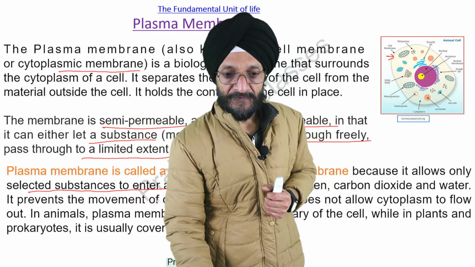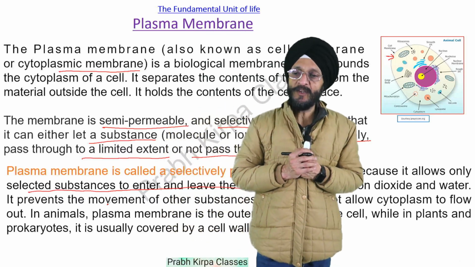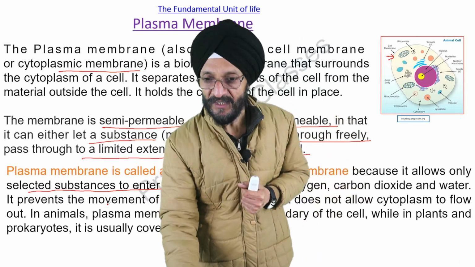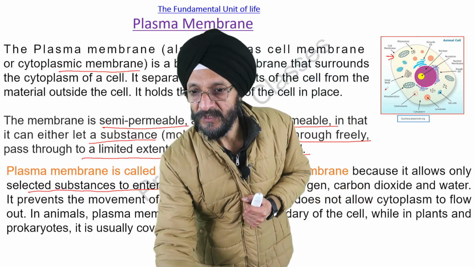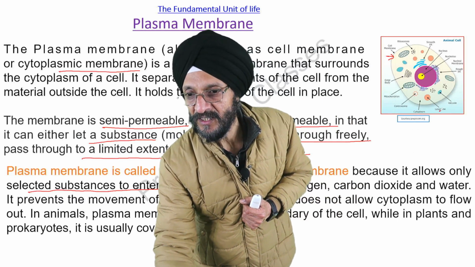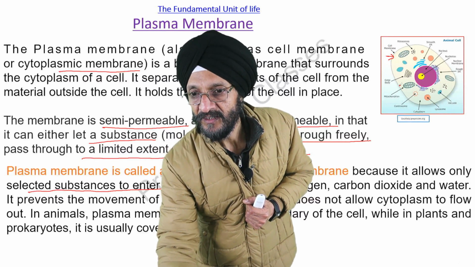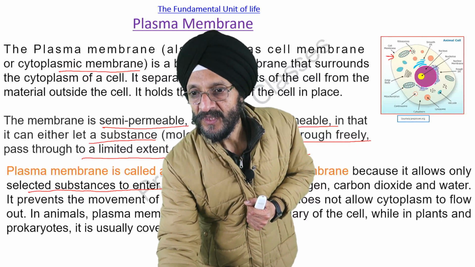Plasma membrane prevents the movement of other substances. It does not allow cytoplasm to move out. The cytoplasm is not visible here, but all this is cytoplasm inside the cell.